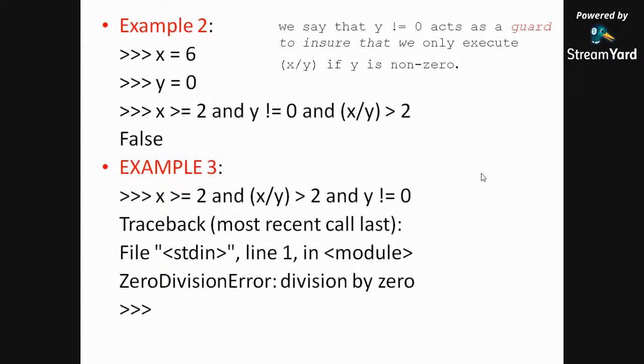You can see that y not equal to 0 acts as a guard to ensure that we only execute x by y if y is non-zero. X by y is executed only when y is non-zero, so it is acting as a guard. That's why y not equal to 0 is called the guardian pattern here.